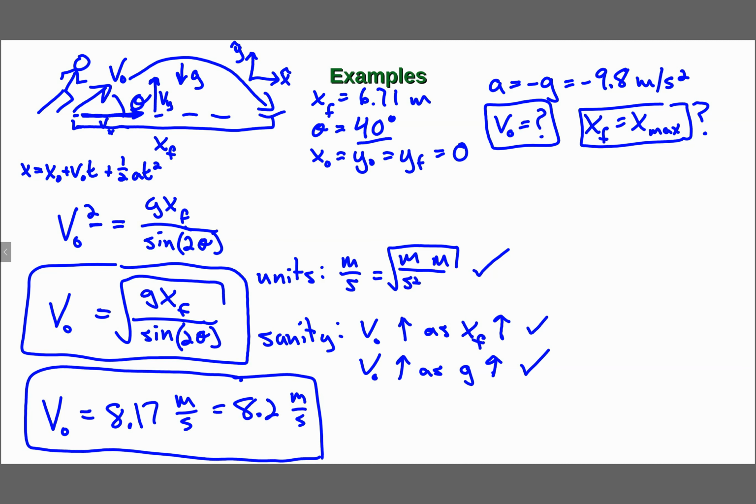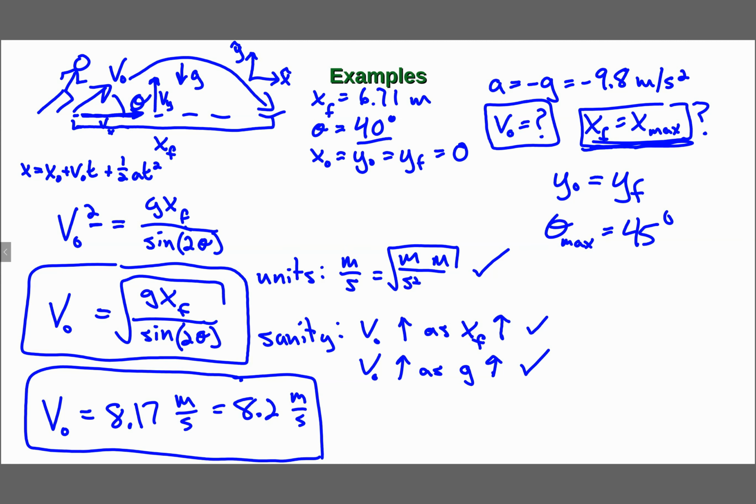Okay? So then the second part of the question, it just asked, is xf equal to x max? This one we don't even really need to calculate to solve. We know that for y naught equals y final, theta max is equal to 45 degrees. That's what we did the first day that we did kinematics in multiple dimensions, right?